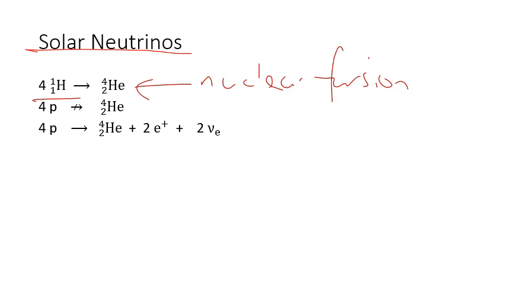And if 2 of those protons have done beta plus decay to become neutrons, then we must create a couple of positrons, and we must have created a couple of real electron neutrinos. Now the positrons are going to bump into electrons that are kicking around within the star, and they're going to annihilate. But our electron neutrinos, as we've been discussing, neutrinos don't interact, so the vast majority of them are going to get out of the star.